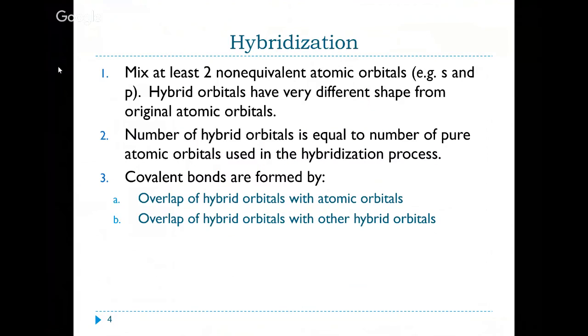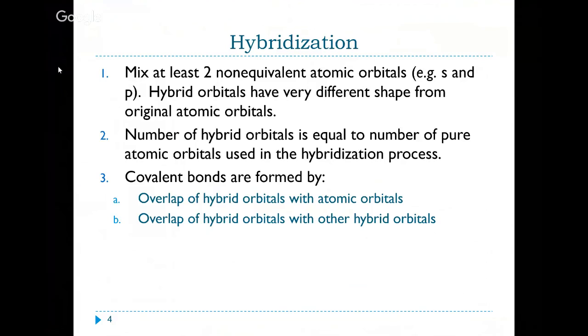So part of valence bond theory is looking at hybridization. You take 2 non-equivalent orbitals, meaning s and p, or s and p and d. So they're different. You mix them together to form a different shape, which allows you to do better overlapping with your neighbor atoms so that you can share electrons more effectively.